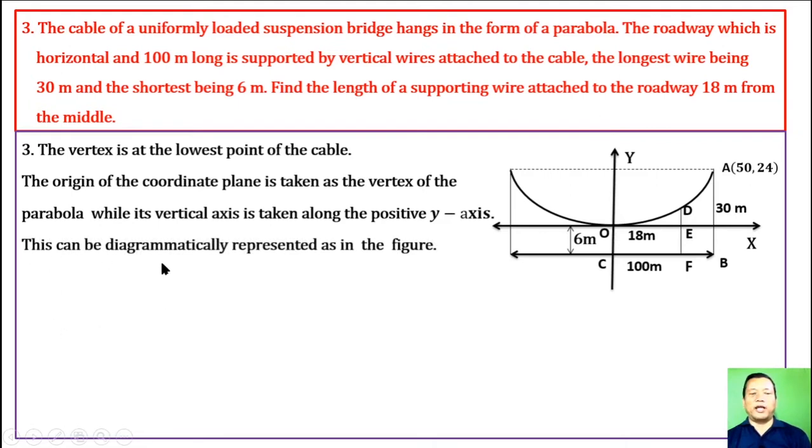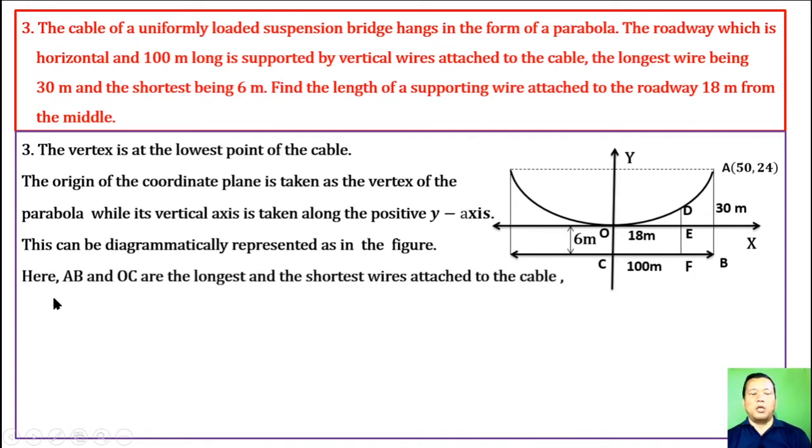This can be diagrammatically represented as in the figure. Here AB and OC are the longest and the shortest wires attached to the cable.